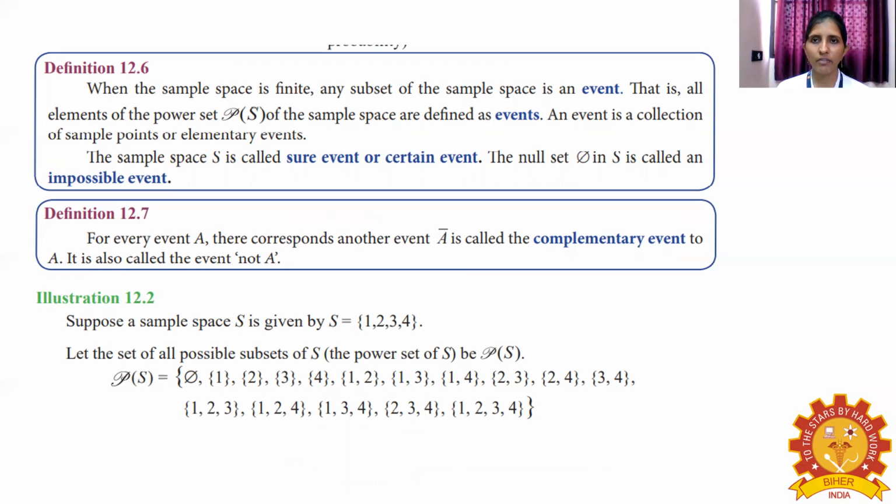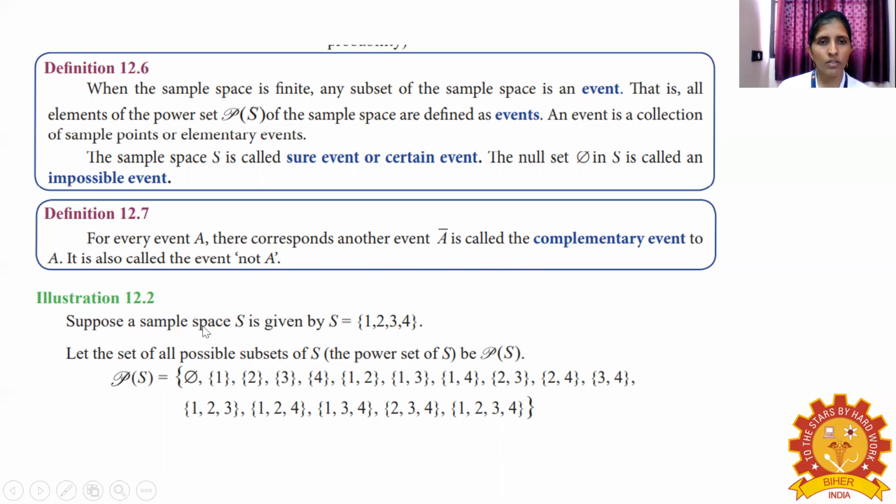Then the null set phi in S is called an impossible event. The next definition is about the complementary event. For every event A, there corresponds another event A bar, called the complementary event of A. It is also called not A.